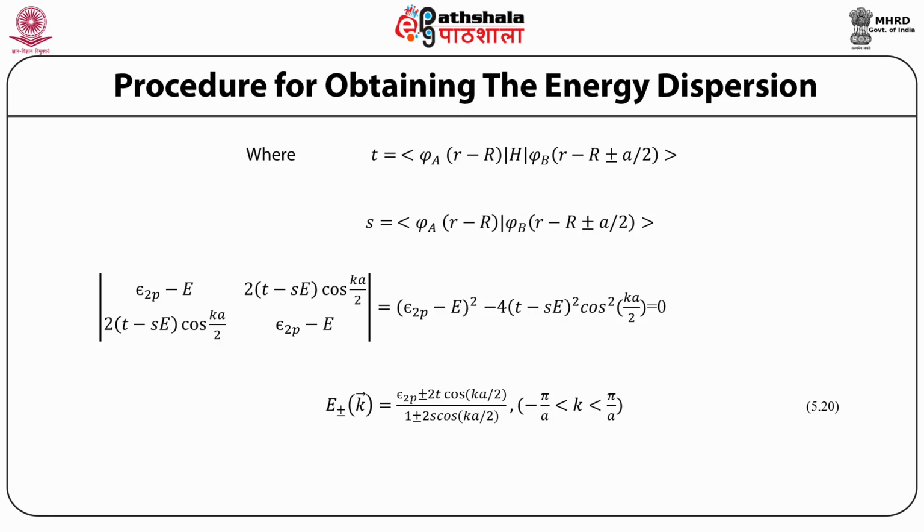Now this leads to the energy eigenvalues E plus minus as a function of k vector equal to epsilon 2p plus minus 2t cos of ka by 2 divided by 1 plus minus 2s cos ka by 2, where k varies from minus pi by a to plus pi by a.